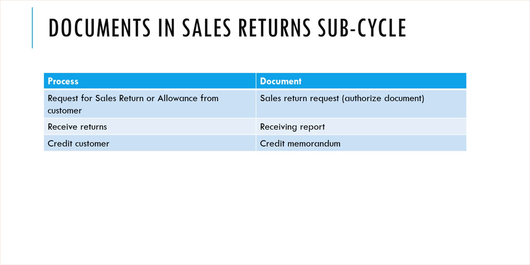And again, I want you to start thinking about this audit trail as a chain of documents. So within the sales return subcycle, we have an audit trail or a chain of documents. But those documents need to also link back to that original sale. So we have a complete evidentiary record of the related transactions that are happening in this sale that was made to the customer.